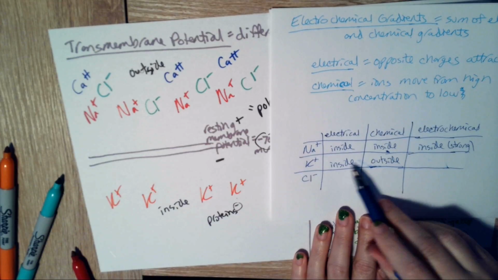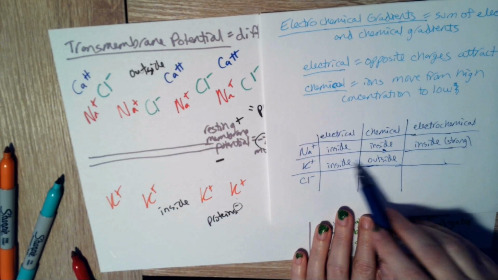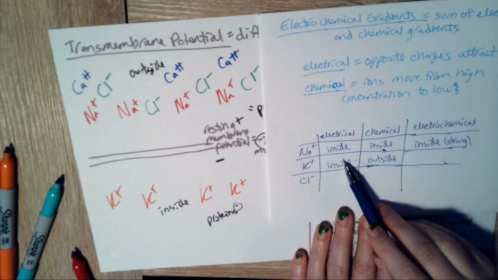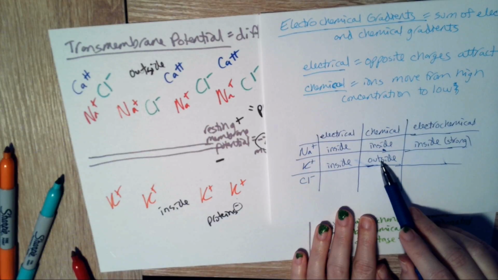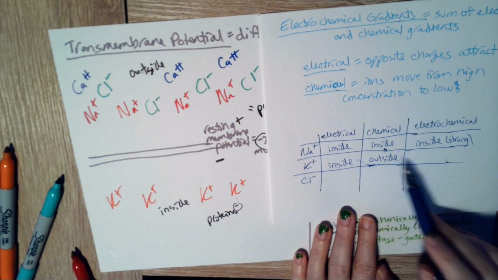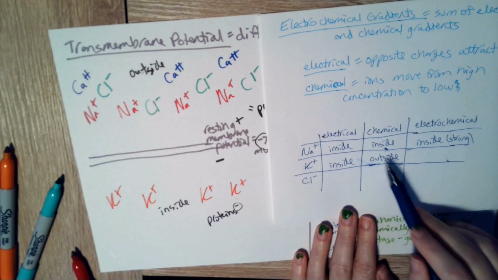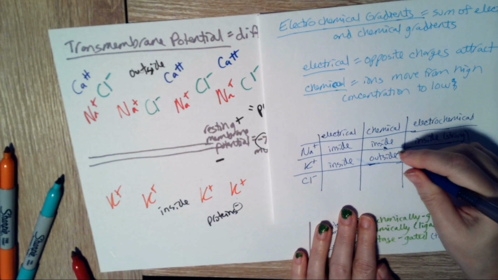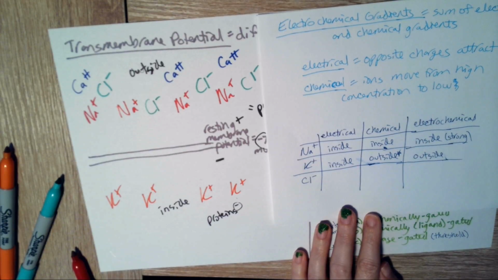So when you go to add these two up, that doesn't seem quite as easy because they're conflicting. One, the electrical gradient is telling potassium to stay inside. The second one, the chemical gradient, is telling potassium to leave the cell, to go outside. So which one wins? Which one is stronger? In the case of potassium, the chemical gradient is the stronger one. So the push for potassium is to go outside.